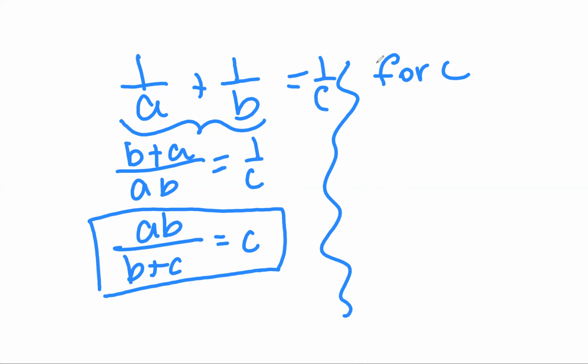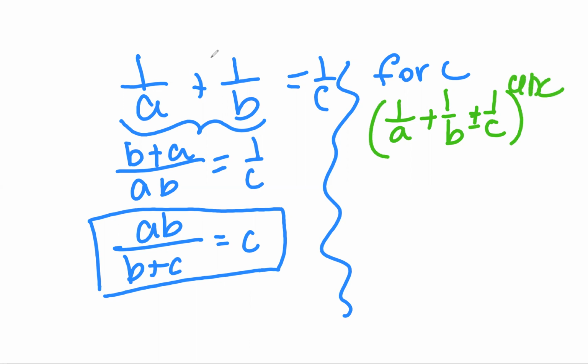But another path that I could take to work this problem would be to find a common denominator for all of it and clear the fractions, which would be taking 1 over a plus 1 over b equals 1 over c and multiply by abc, which would leave me bc plus ac equals ab.